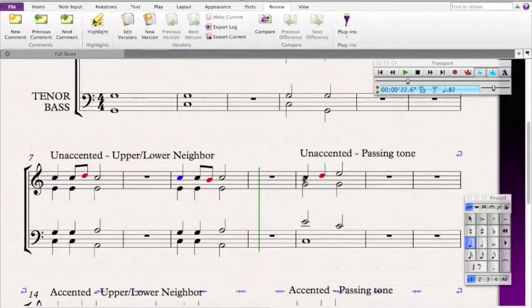In this case, we go from C, D to E. If the next chord were an A minor chord, we could go from C, B to A. Passing tones are always stepwise in the same direction. So you approach by a step in one direction, and then you leave by step in the same direction. That's what a passing tone is. So why don't we hear what that sounds like?